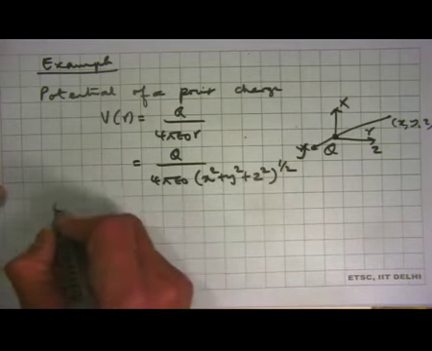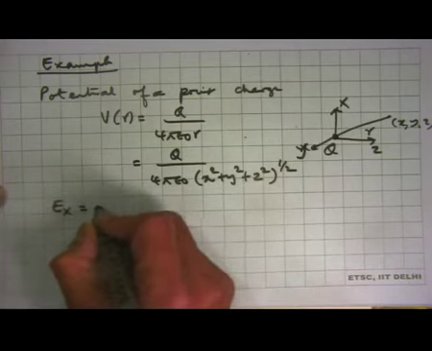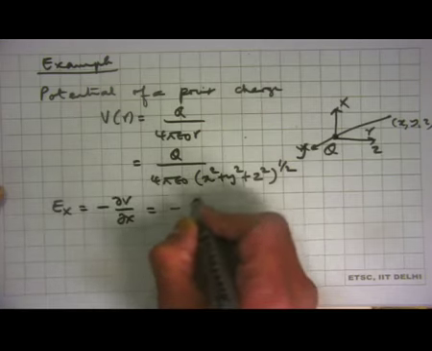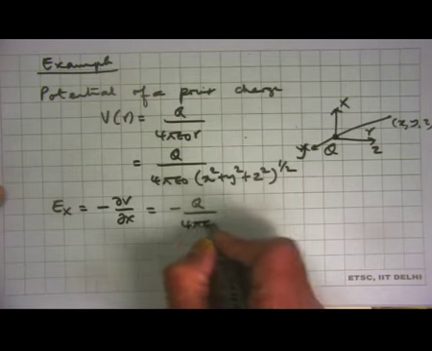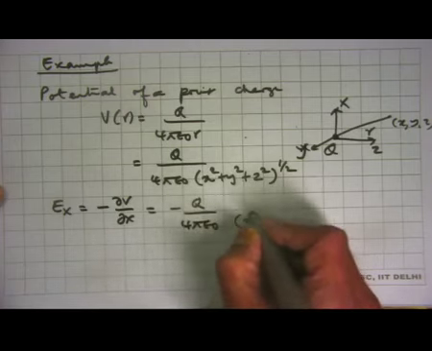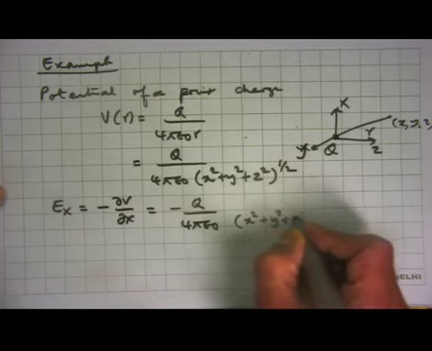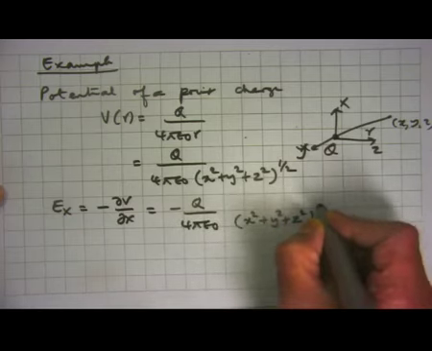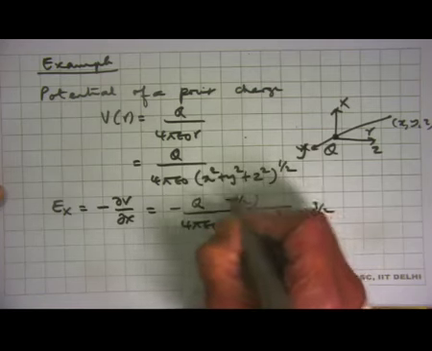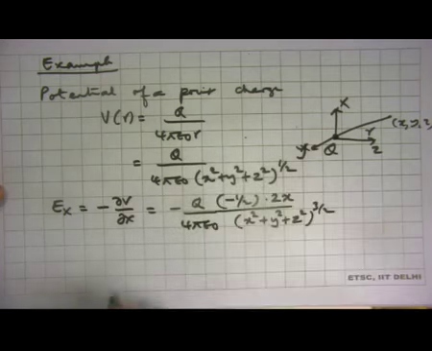So, for example, I can get E x is equal to minus del V by del x, which is equal to minus q by 4 pi epsilon 0 into, you can differentiate this, x square plus y square plus z square raised to the power minus 3 by 2, there will be a minus half and a factor of 2 x.